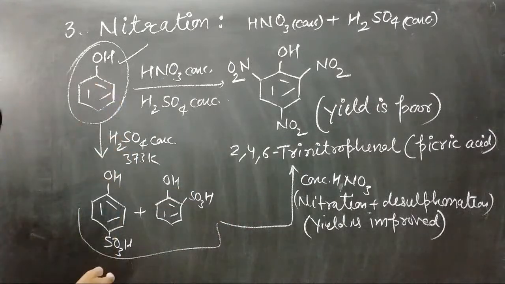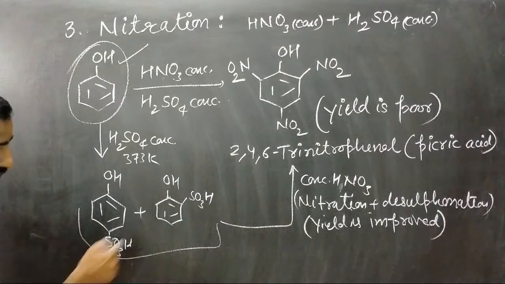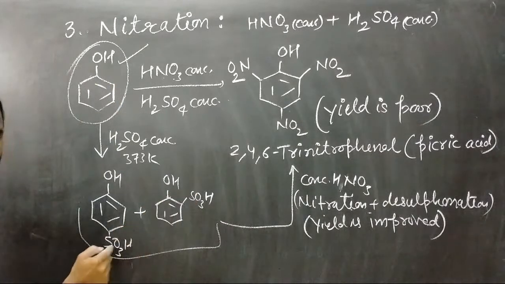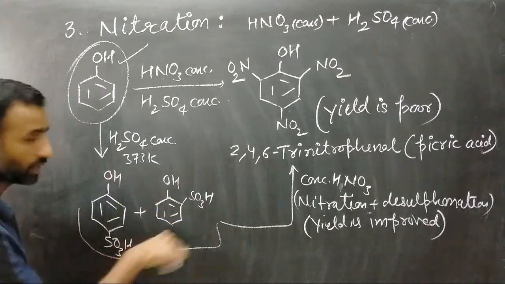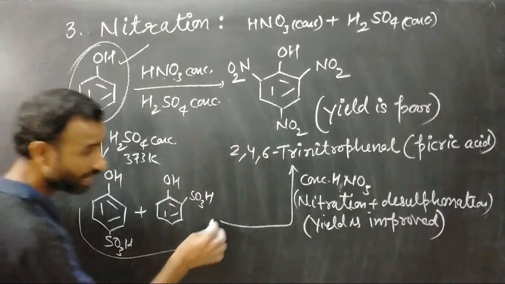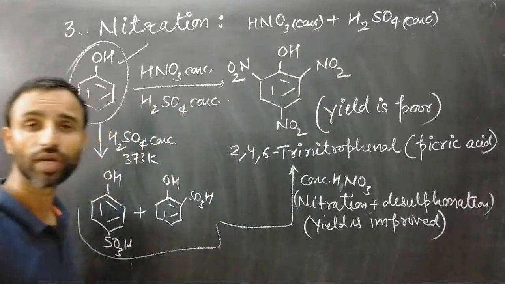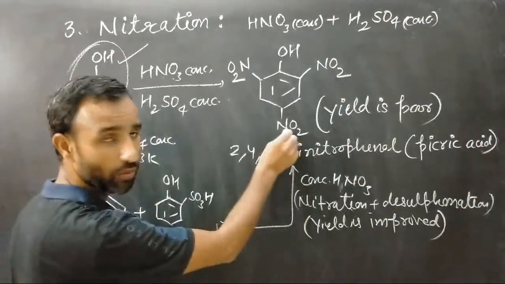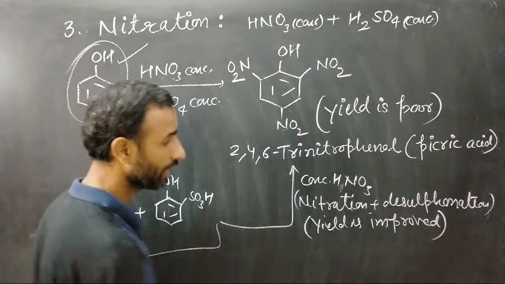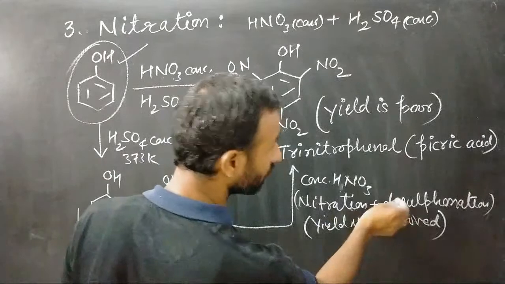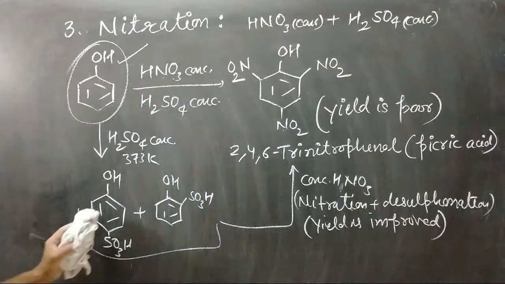First we sulfonate it, because the SO3H group is a withdrawing group, so its activity is somewhat decreased, and then we do nitration. We get the same product, but now with better yield, because nitration takes place with desulfonation. Okay?